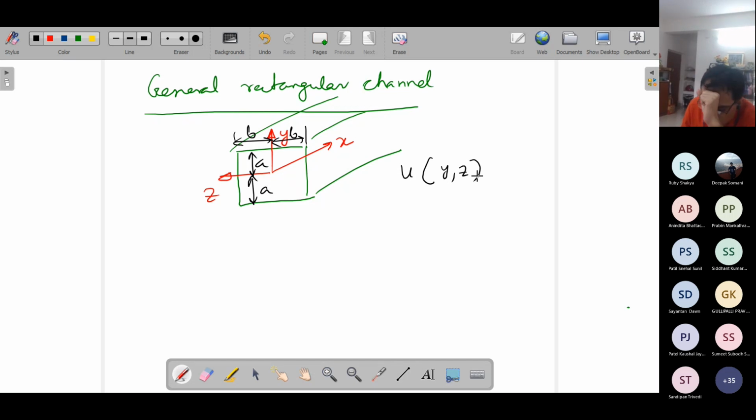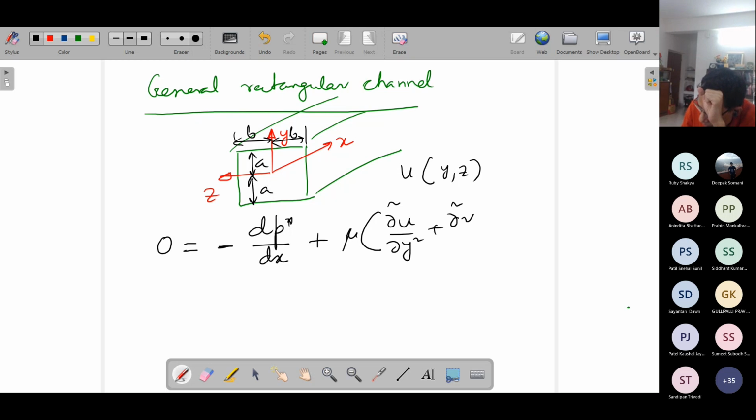So in the Navier-Stokes equation, you can easily look into this. You will have 0 is equal to minus dp star dx, plus mu times both terms in the viscous stress. In the parallel plate channel, there was no question of z, so it was just d2u dy2.